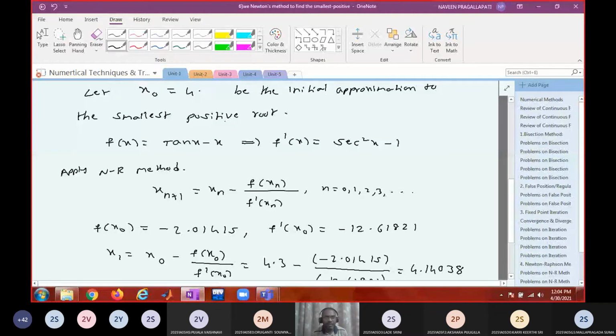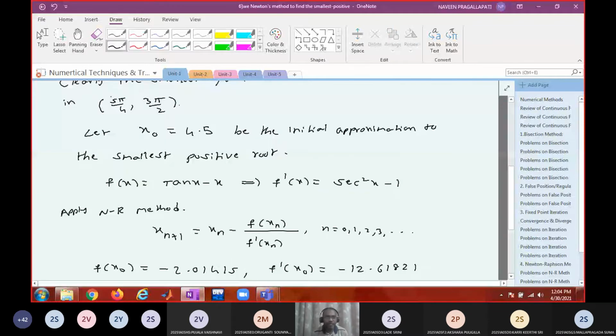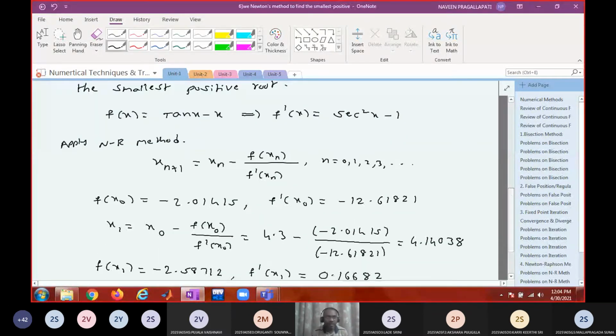So just a 0.2 change in the decimals. See what will be the effect. So tell me this value. f of 4.5 is 0.13733. f dash of x naught is secant square minus 1.